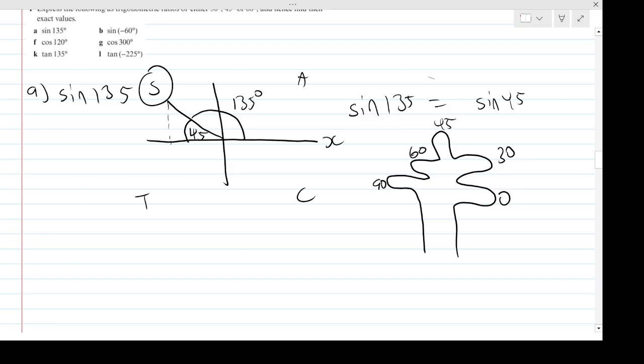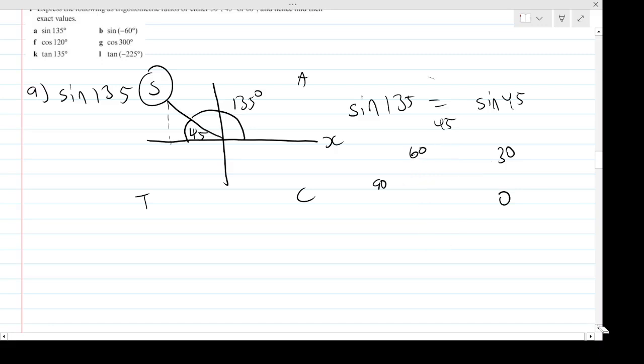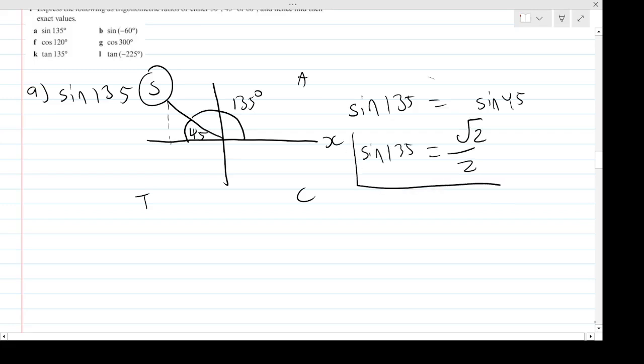But we want sine 45, and because it's sine, we start from 0. So we move one finger to 30 and then another finger to 45. So that'd be 2 fingers there, so that would be root 2 over 2. And we can't do anything more with that, so we can say that sine 135 is also root 2 over 2.